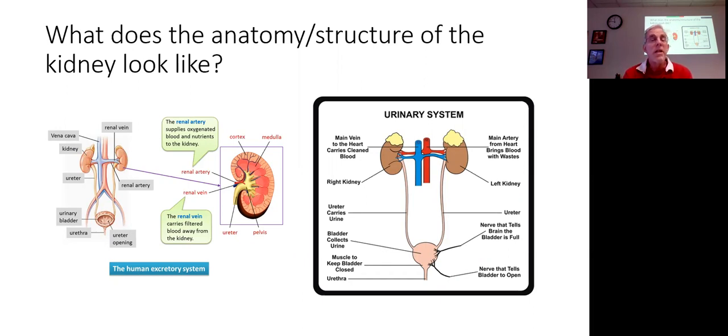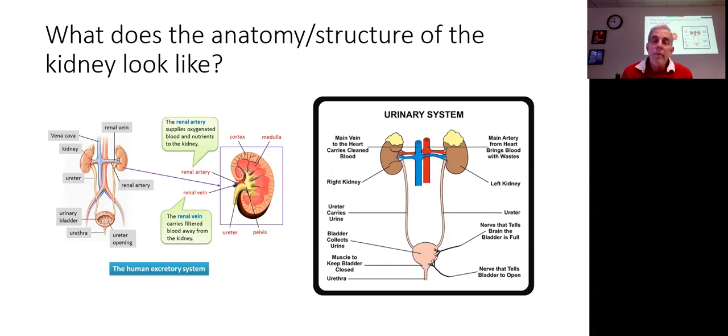And the basic structure itself is these two bean-shaped organs, one on the right, one on the left. And of course, they have the blood supply, both venous and arterial. And then you have the ureters, which, once the urine is formed, it travels down through the ureters, and from there it collects in the bladder. That's the whole collection system.